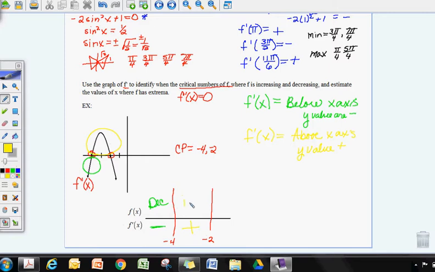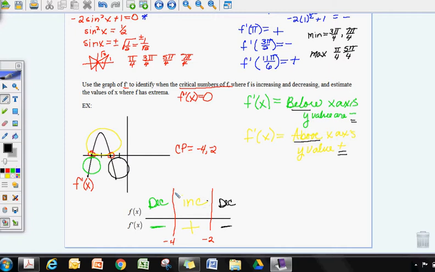That means this part is increasing. And then let's take a look at this section here. Aren't the y values below the x-axis? So that means it's decreasing. So look, above is positive, below is negative.